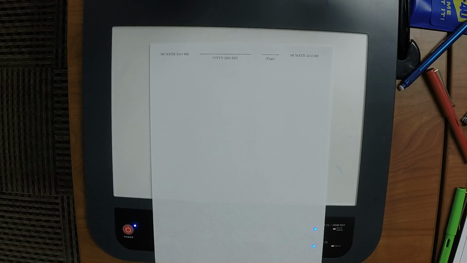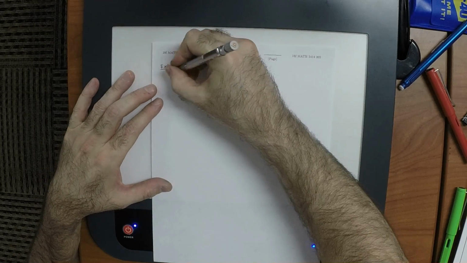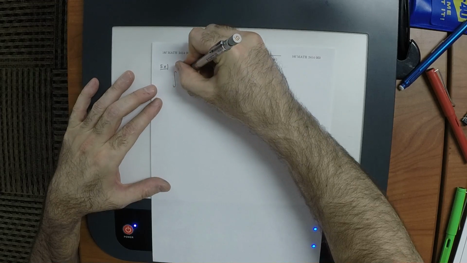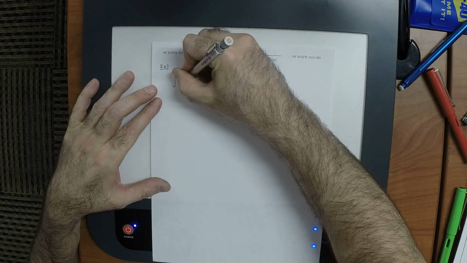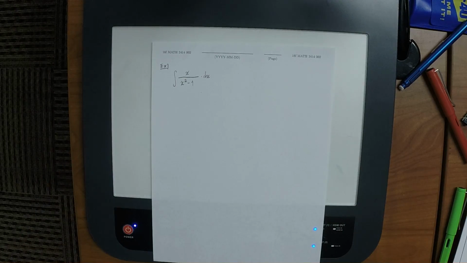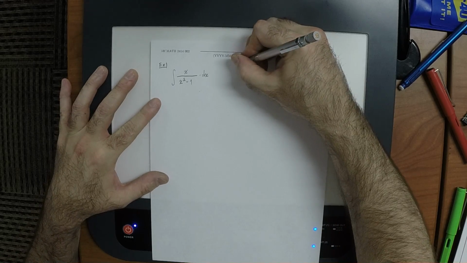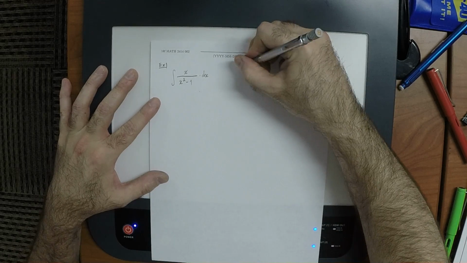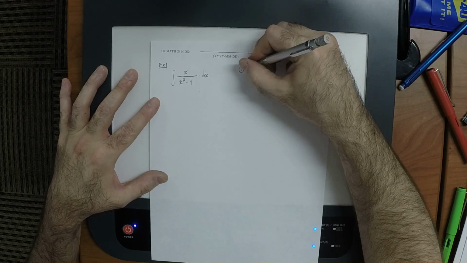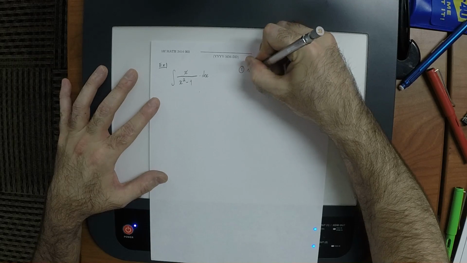So let's have an example. What if I give you this one, antiderivative of x over x squared minus 1 dx. What do you do? Well, according to the Risch procedure, which is the name of this, the first thing you do is perform any and all algebraic steps that you can imagine.